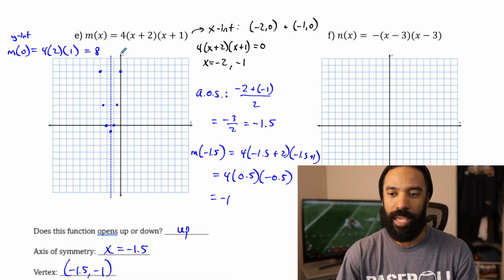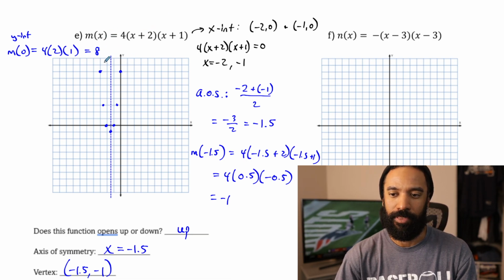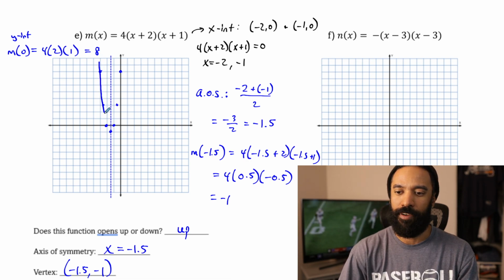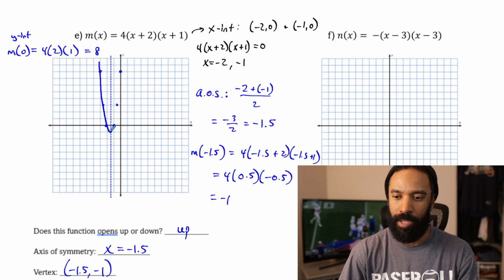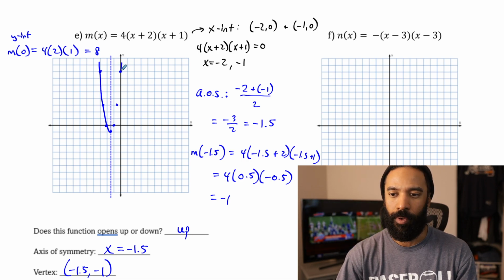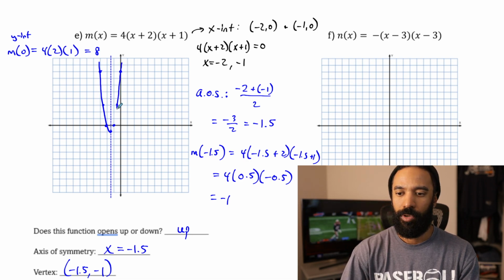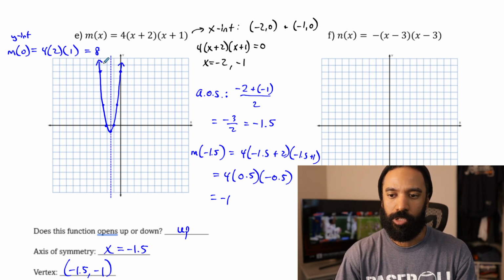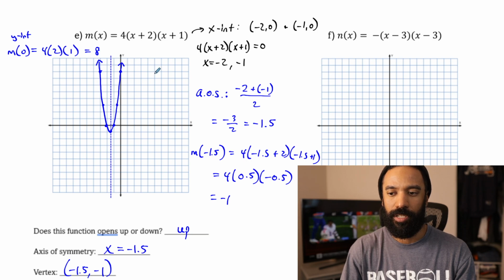And I don't have to use negative b over 2a anymore because I found the axis of symmetry by averaging my two x-intercept values, or finding half the distance between them on the graph, which was negative 1.5. Generally, we don't see a lot of ones that are halfway in between like that, but it's possible to have, and that is one of the times.